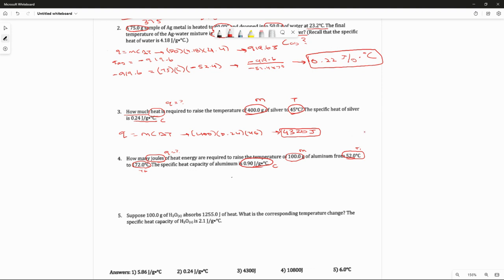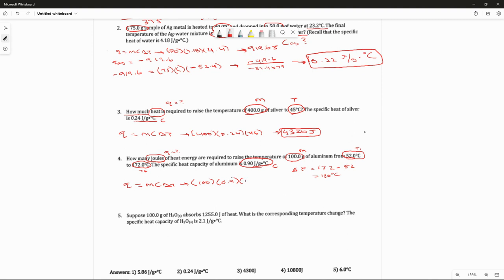So all you got to do for this one, same thing. We just got to plug it in. Q equals mc delta T. And then Q is unknown. M, 100 times C, which is 0.9. And then change in temperature equals temperature final, TF, minus temperature initial, which is going to be equal to 120 degrees Celsius.